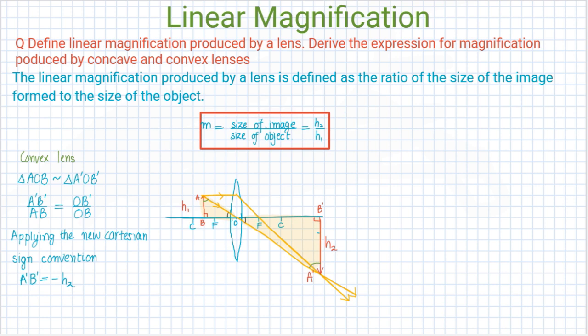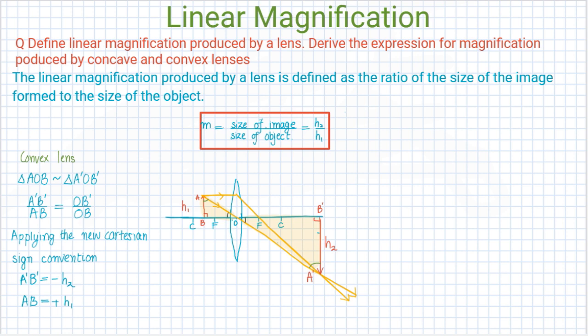Now consider your object height AB. Since your object height is measured in the upward direction and perpendicular to the principal axis, your object height H1 will be positive. Now consider your object distance.